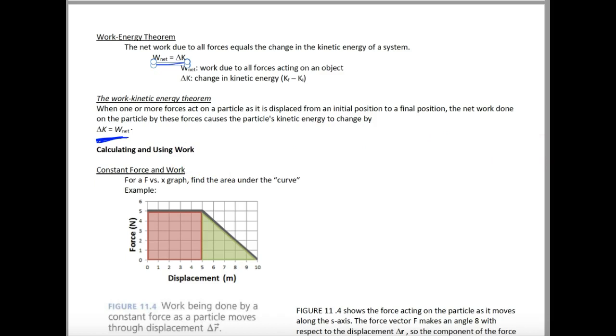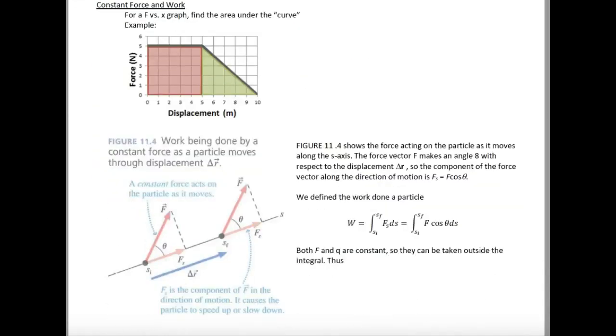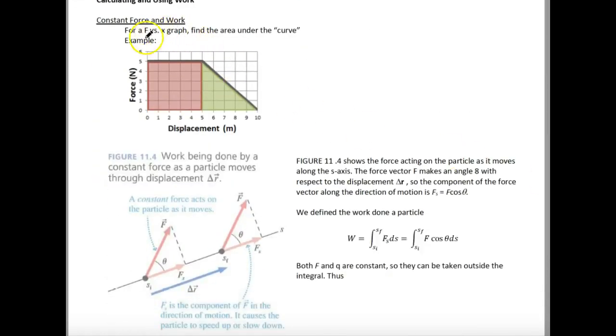So if I want to actually do some things with this and calculate the work, I can just kind of take a look very basic at this and notice that if I have a force acting and that force then decreases from our 5 meter to our 10 meter point here, you'll see that the work done is the shaded area here plus the shaded area that I have here.